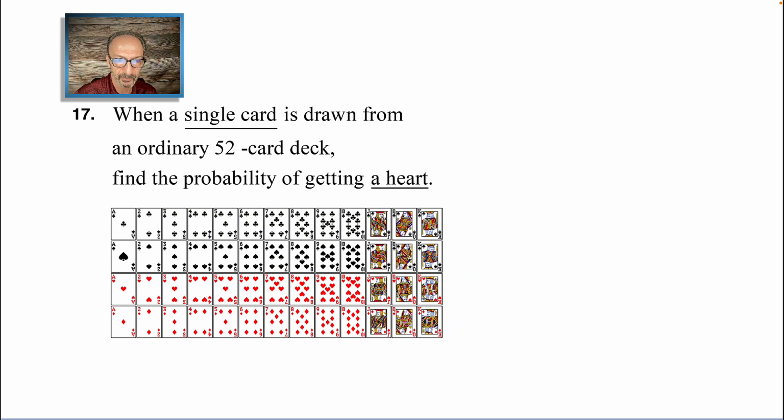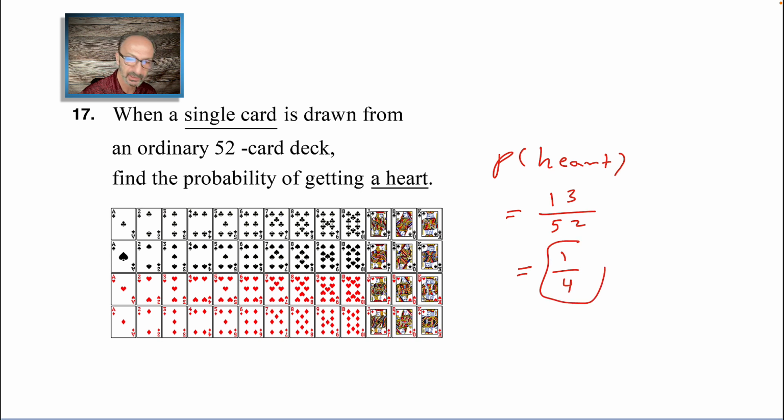So that's the 52. The probability of getting a heart will equal 13 out of 52. If you divide by 13, you get 1 out of 4, which is 1/4 of the times on average, like 25%.